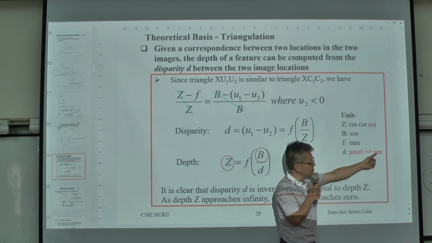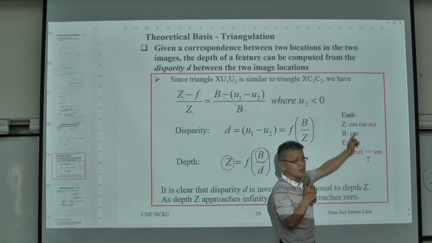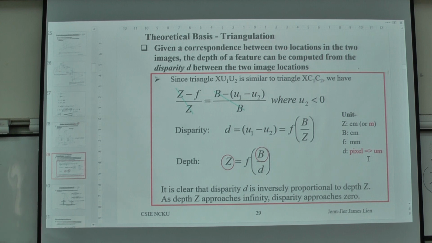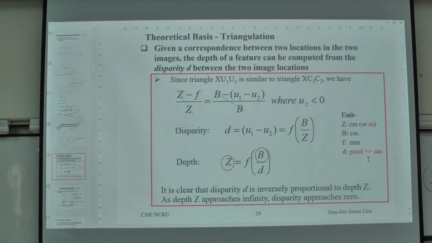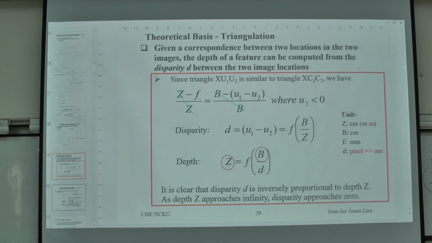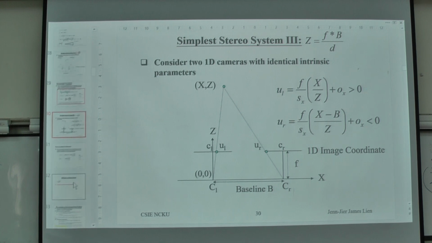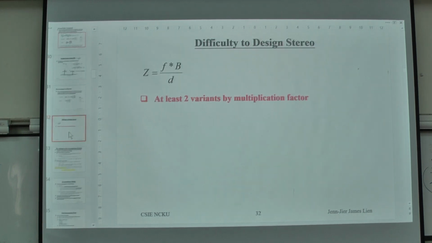Pixel is sometimes micrometer，所以这个转换是要小心一些，最少是单位转换，要小心一些。这可以做得很准，因为我做过100公尺，只要设计好的，可以瞄得很准。好。So this equation.